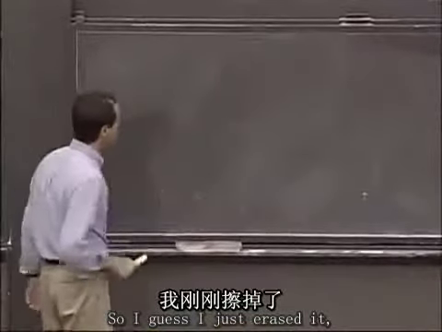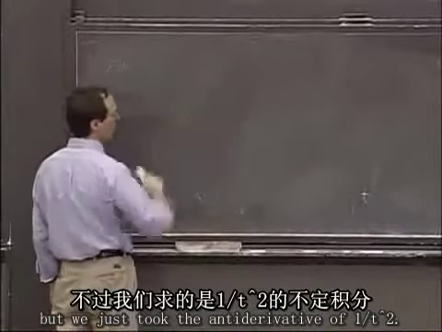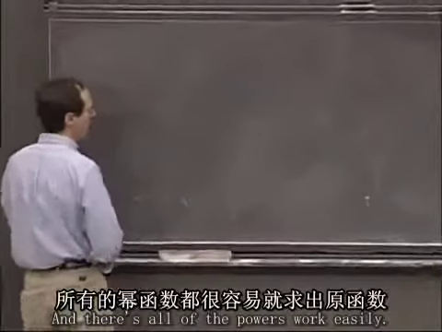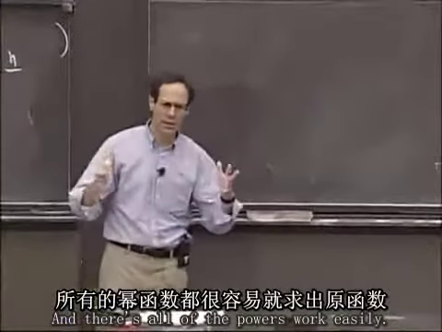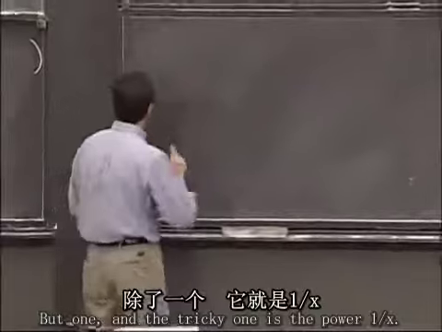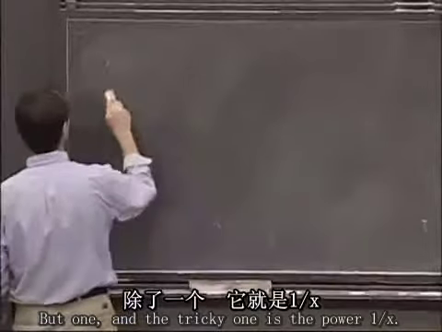So I guess I just erased it, but we just took the antiderivative of 1 over t squared. All of the powers work easily, but 1. And the tricky one is the power 1 over x.